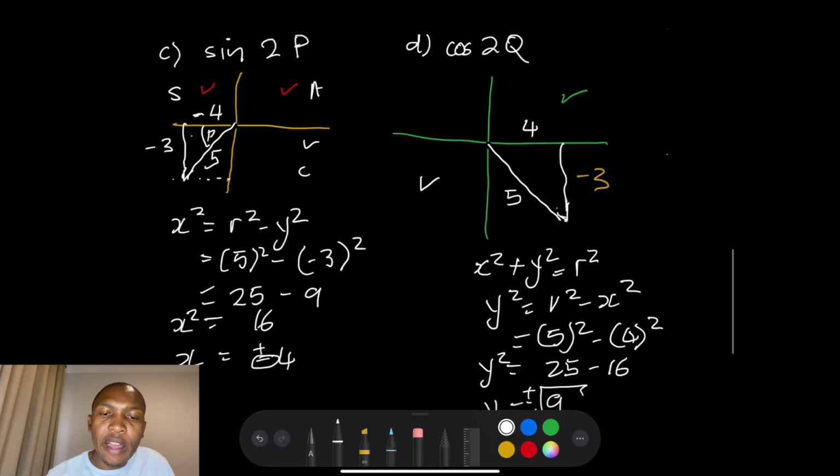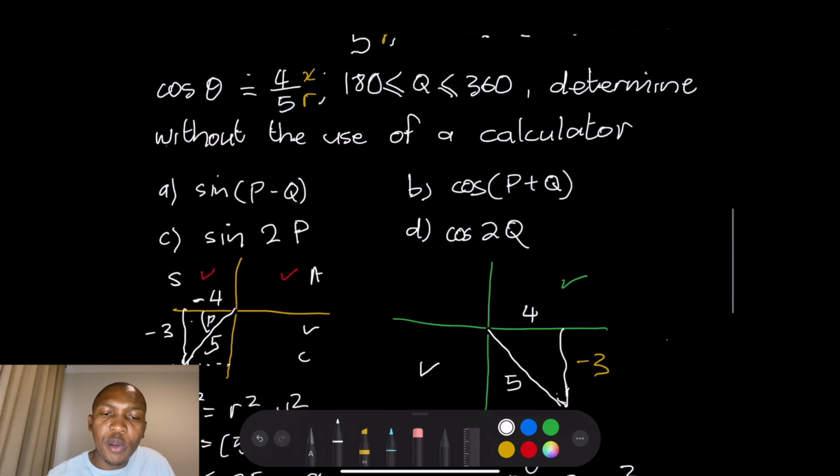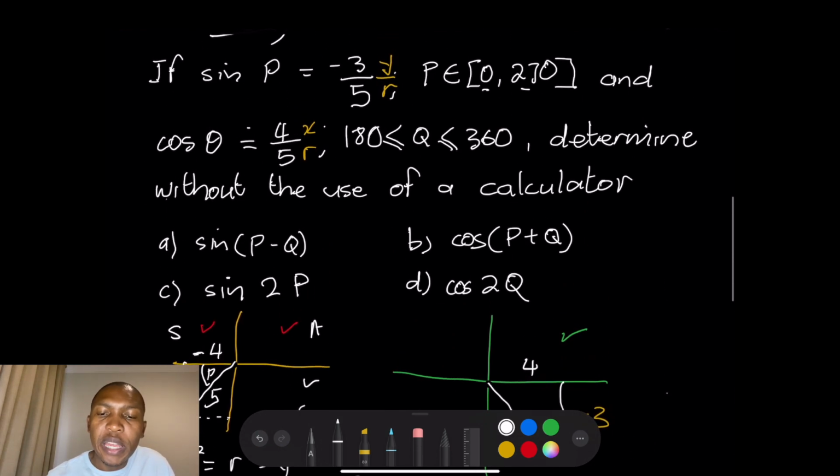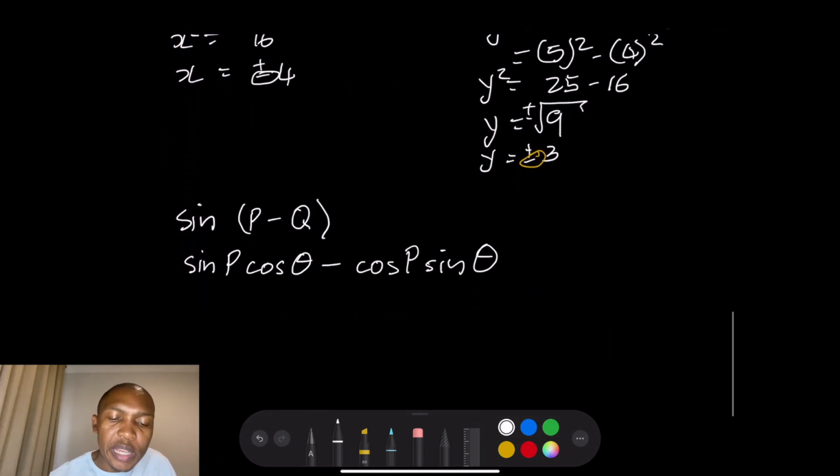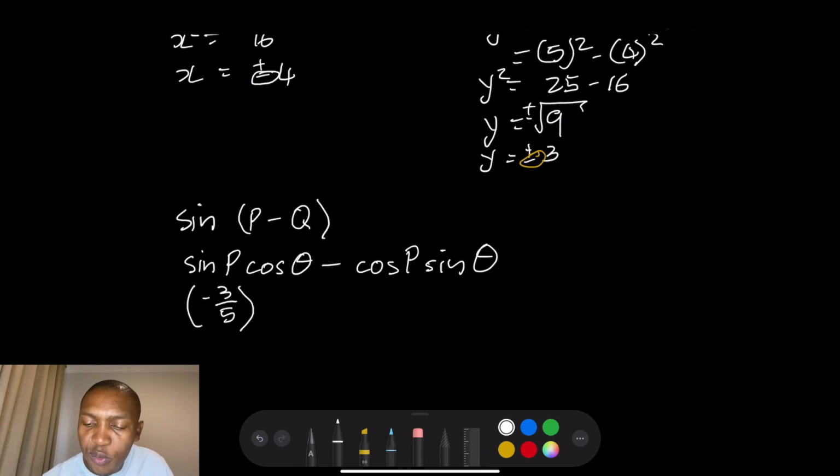I won't waste time with that because we already have sine of P. It's minus 3 over 5. So I'm going to say that's negative 3 over 5 multiplied by... I said theta in terms instead of Q. Sorry about that. I'm quite certain you still understand. We always gravitate towards theta when we express angles.